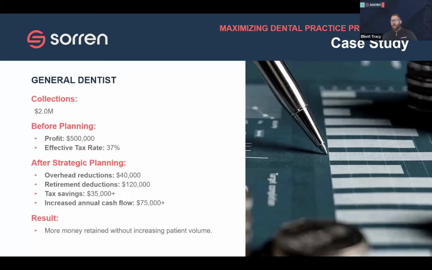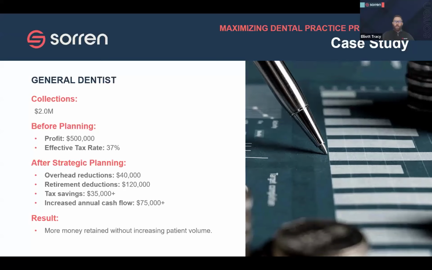And then maybe we add a profit sharing component that increases their retirement plan deductions by $120,000. So we have a $120,000 outlay for the retirement, $40,000 of cash coming in because we were able to find overhead reductions.